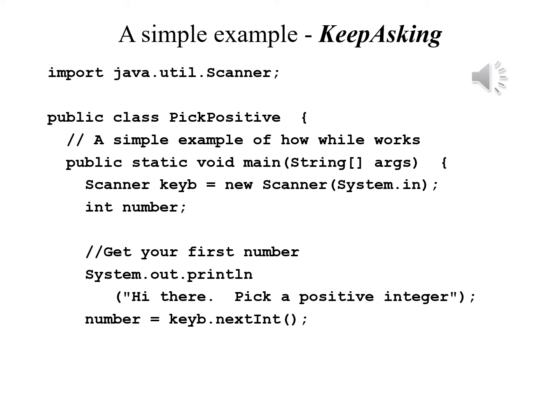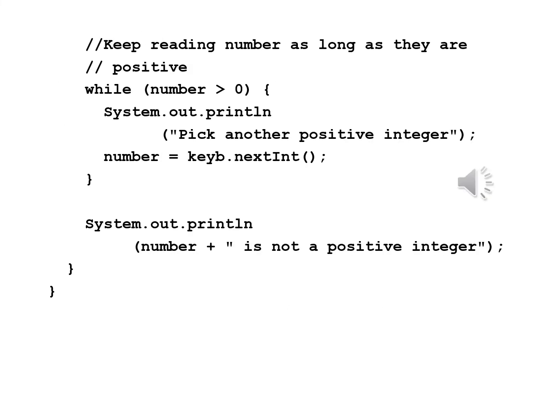Now we have the comment get your first program number, and we prompt the user for it. System.out.println("Hi there, pick a positive integer"); and then number = keyboard.nextInt(); Next comes the comment keep reading number as long as it is positive.